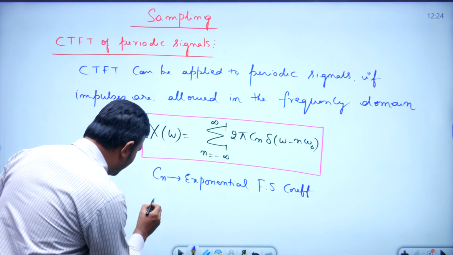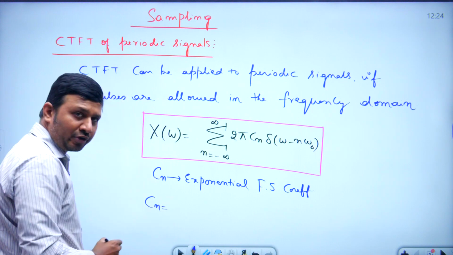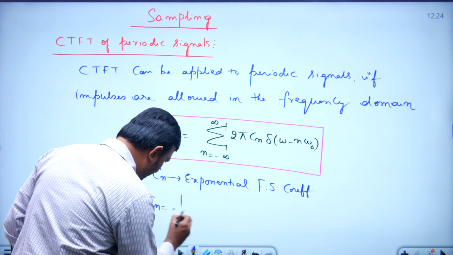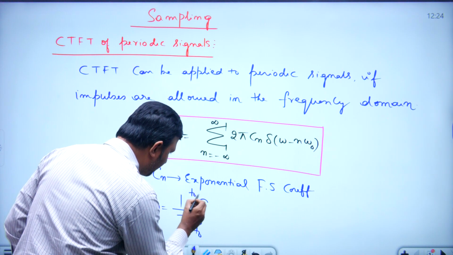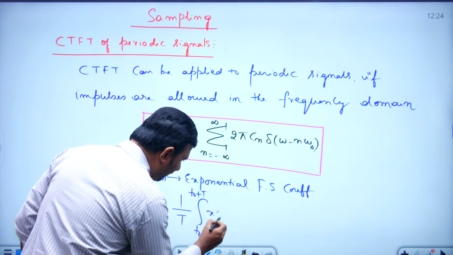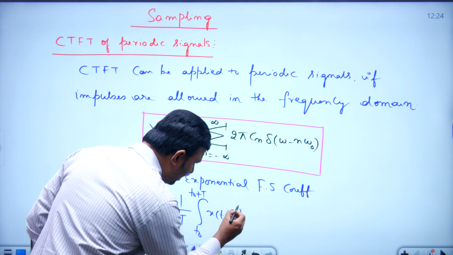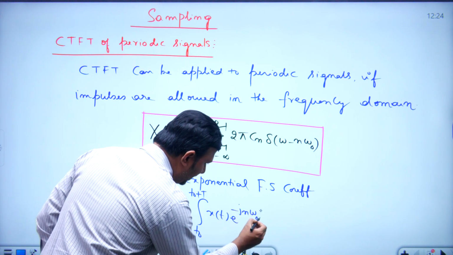Cn can be calculated by making use of the expression 1 by T integral over the period t0 to t0 plus T, x of t multiplied with e power minus j n omega naught t dt.